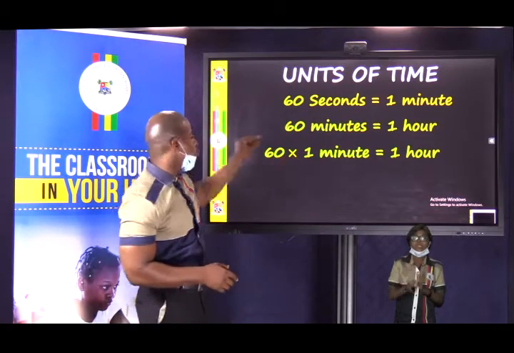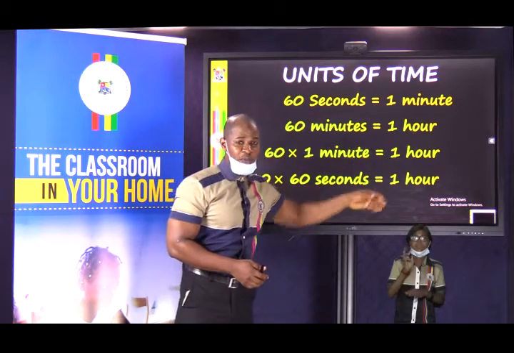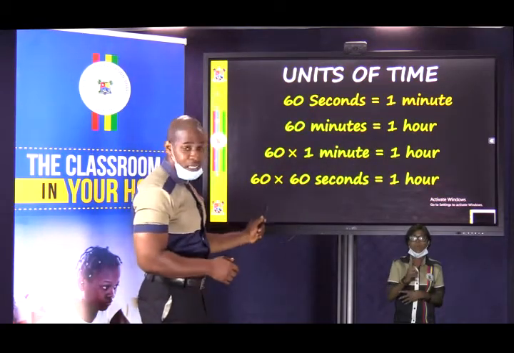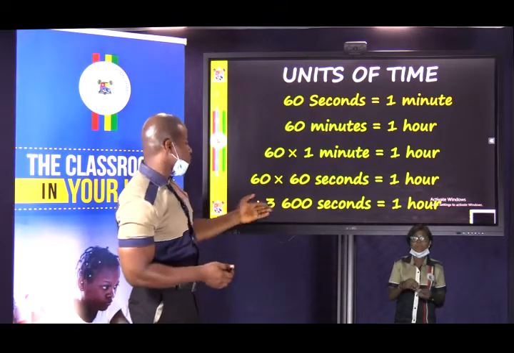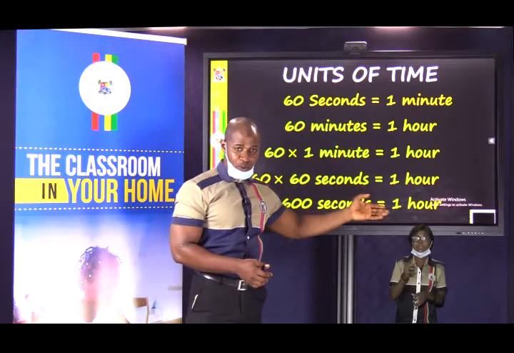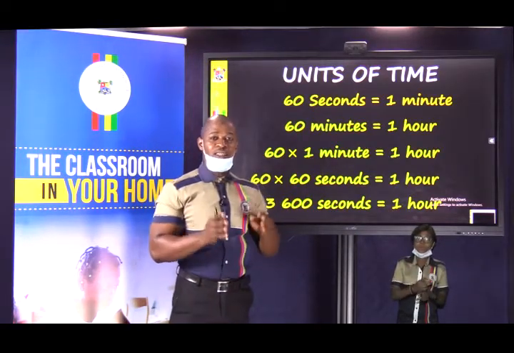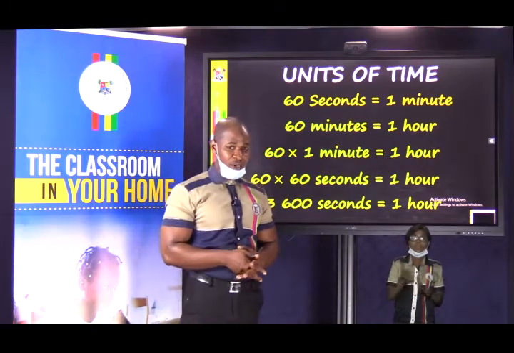So instead of writing 1 minute here, we'll write 60 seconds. 60 times 60 seconds will still be 1 hour. And that means 60 times 60, 6 times 6 is 36, and I put 2 zeros. And that means that 3,600 seconds will make 1 hour. Just keep that at the back of your mind, that in 1 hour, there are 3,600 seconds.